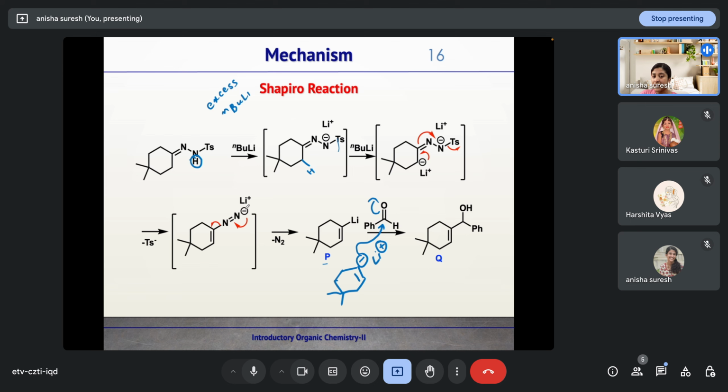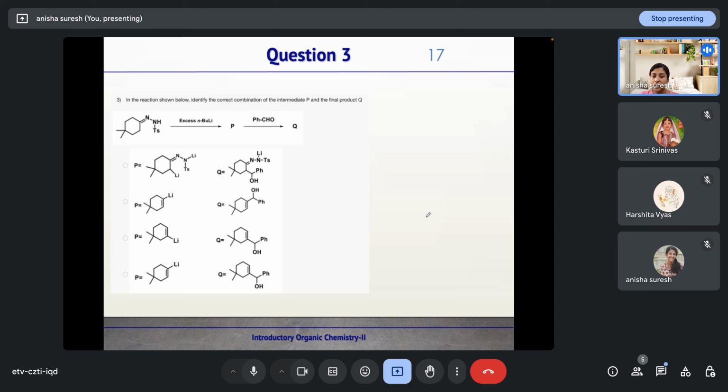And then when this N minus comes here, this N2 will get removed and an anion will be generated at the center. So Li plus can form an ionic bond, leading to formation of this compound P. This intermediate can attack this aldehyde, leading to formation of this alcohol, that is Q. So the right option will be option B. Is it clear?